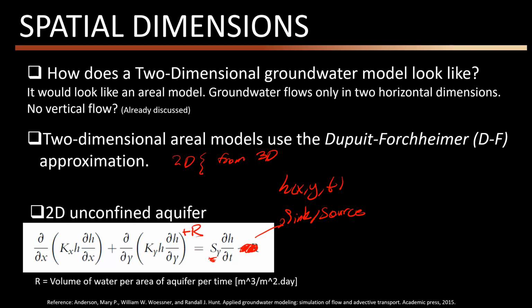But what you need to be careful about once you want to model is that if you are recharging water from outside into the aquifer, like an injection well, where you push water into the aquifer, you need to use a positive sign for R. You need to assign a positive value to R. For example, you have an injection well, and the number that you would assign to your well is positive 500.